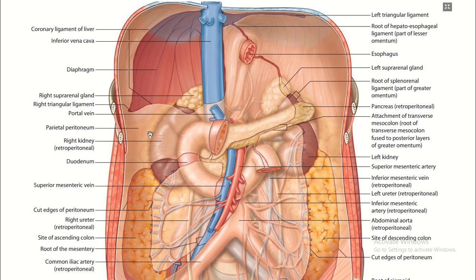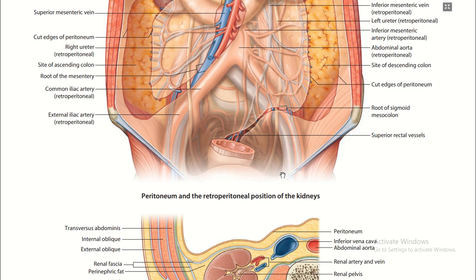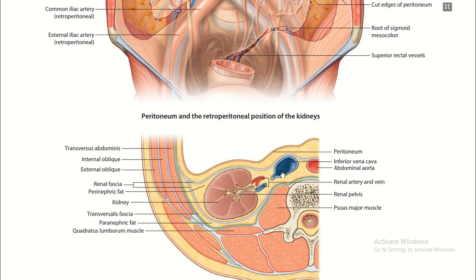So let's take a look at a cross section of a kidney. What do we see? A kidney is surrounded by a capsule, what you call a fibrous capsule. Right here, this is your bean-shaped kidney. This is your hilum. We're going to look at it very soon. What surrounds the kidney is your fibrous capsule, and then from the fibrous capsule you have what you call your perirenal fat.